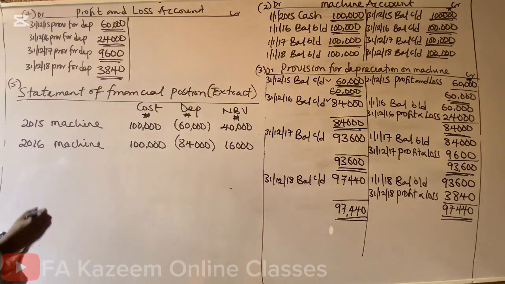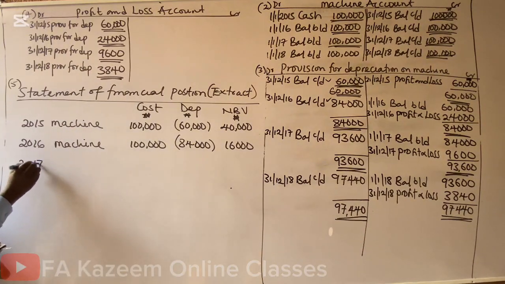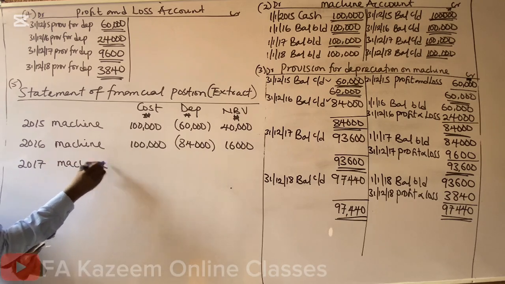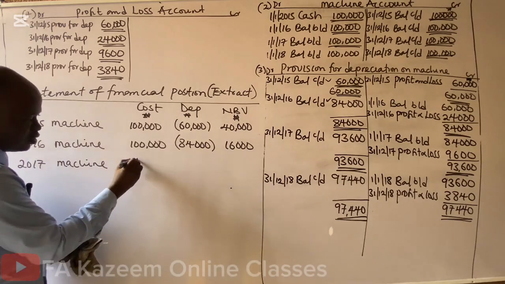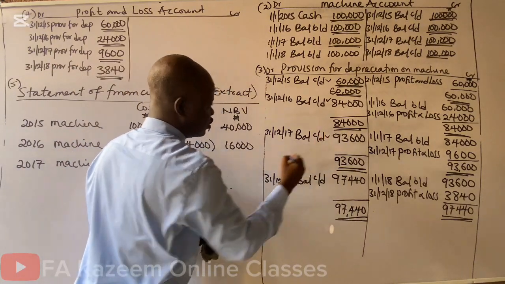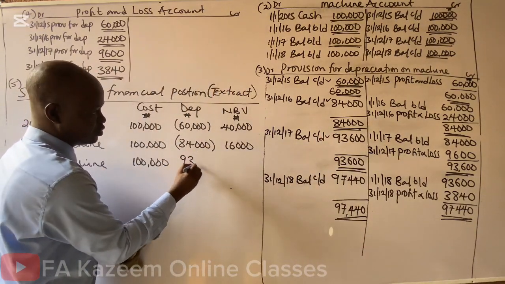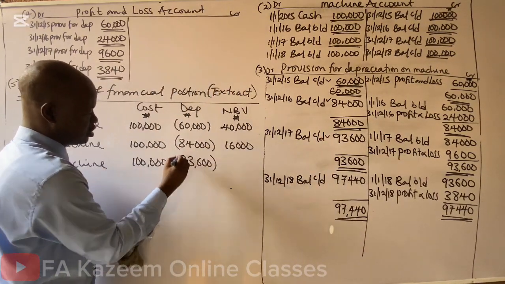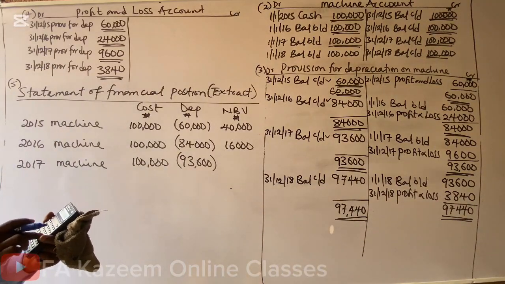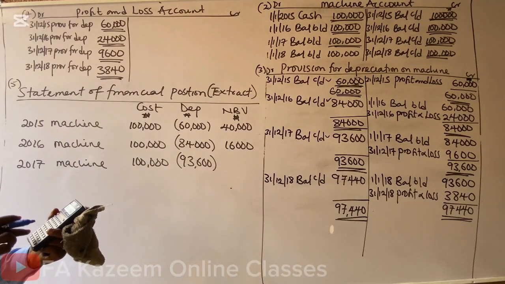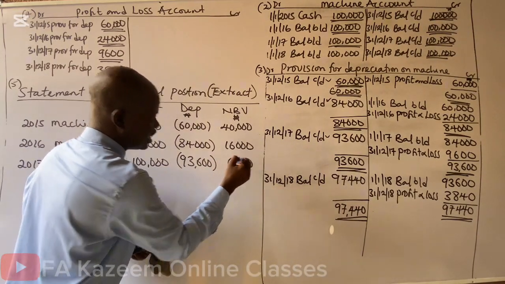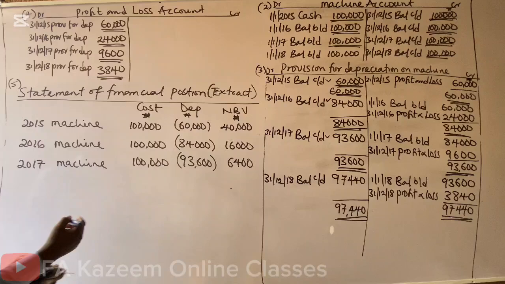16,000. In 2017, we have machine, historical cost 100,000. The accumulated depreciation 93,600. Less 93,600 is going to give us 6,400. That's the value remaining in 2017.